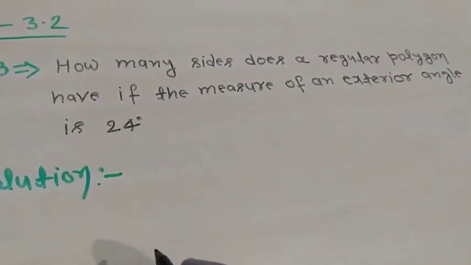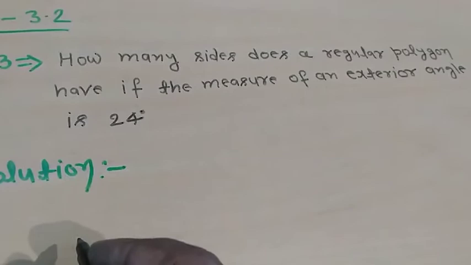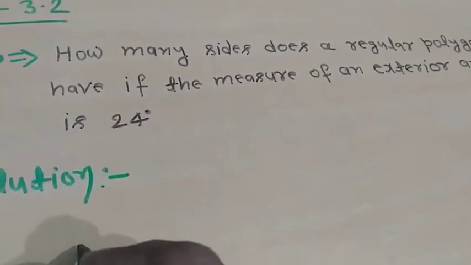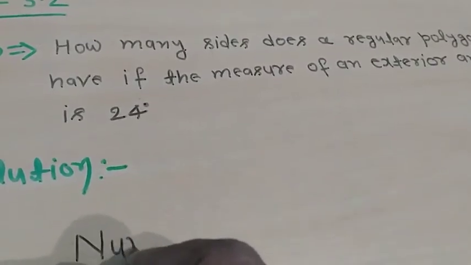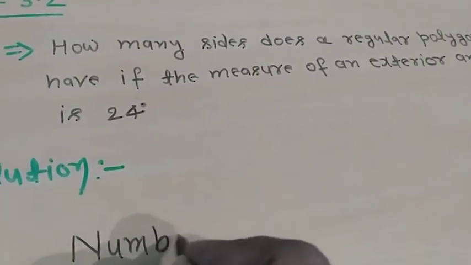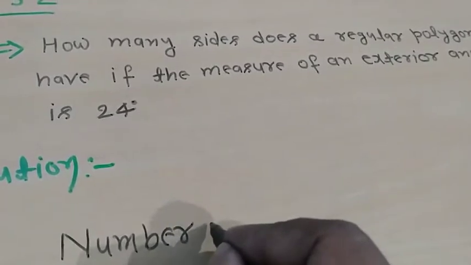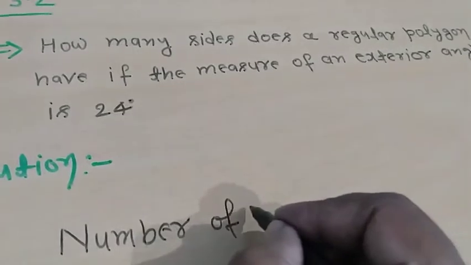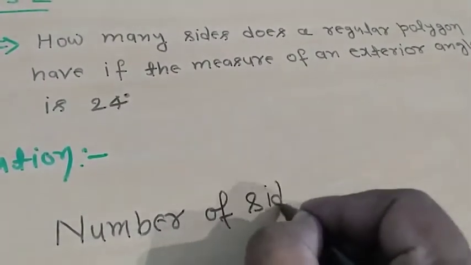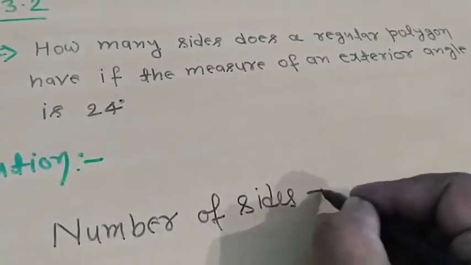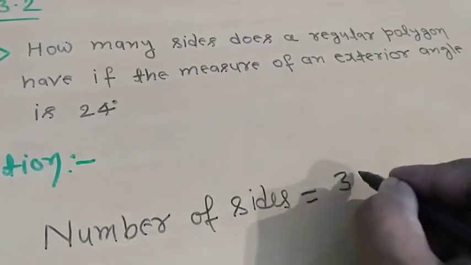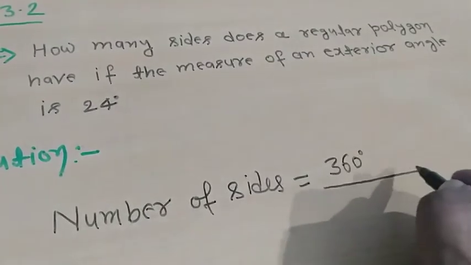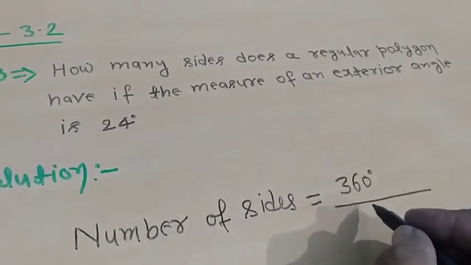Okay, this is the question. So you find the number of sides. Okay, so number of sides is equal to 360 degree by exterior angle.